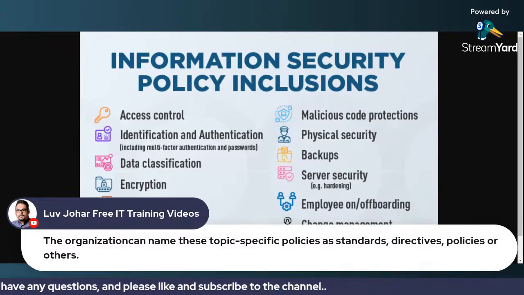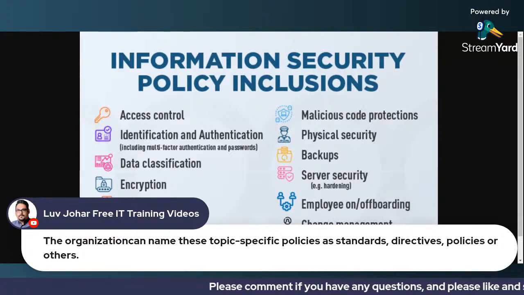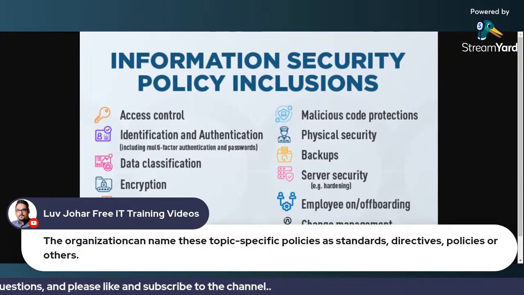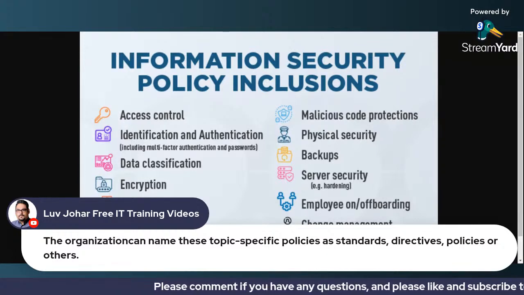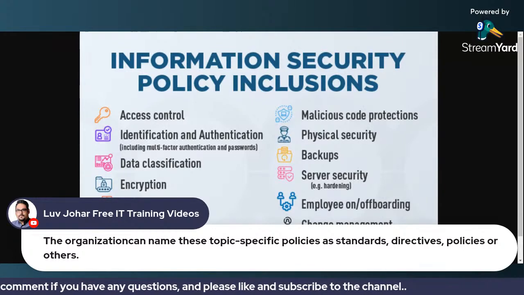For example, you can name these policies as information security standard, information security directive, information security policy. Similarly, access control policy, access control standard, access control directive. That's what it is trying to say. So you can name it in this fashion. That's what it is trying to suggest. But again, it is being open directly to the business how you want to deal with it.